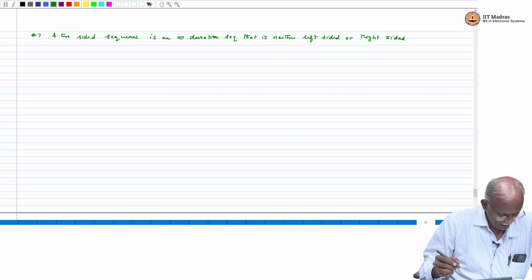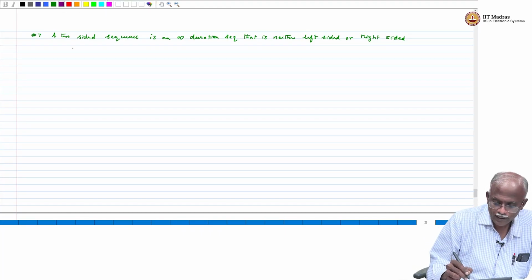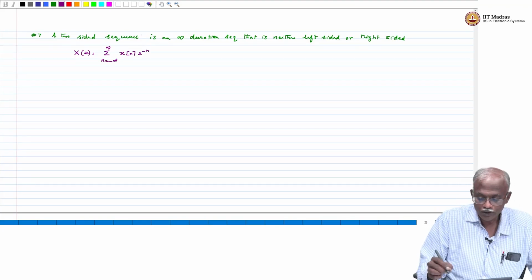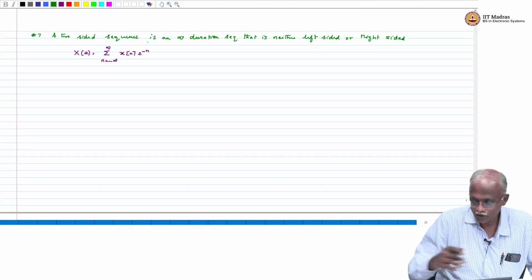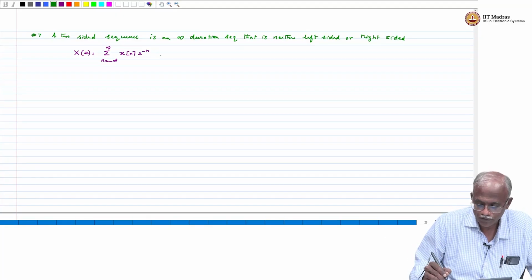Okay. Now let us see how to analyze this one. X of z equal to summation n equal to minus infinity to infinity x of n z power minus n. Because it's a two-sided sequence, it's got both positive and negative sides of the origin.